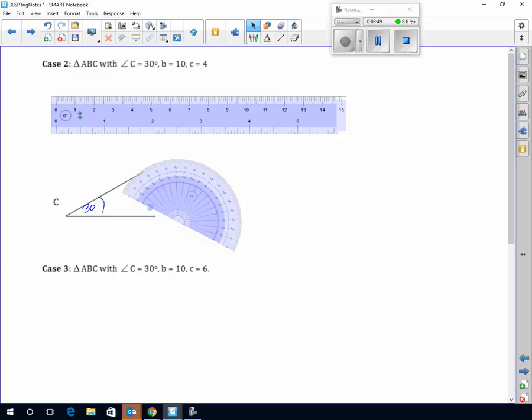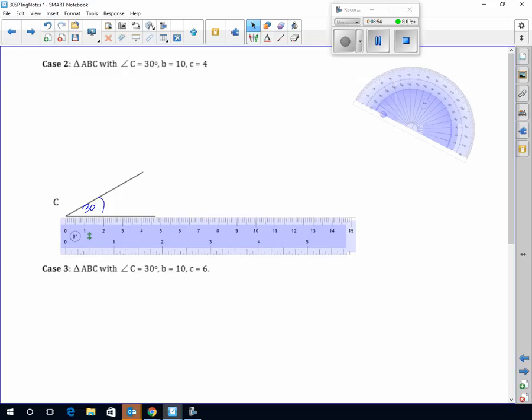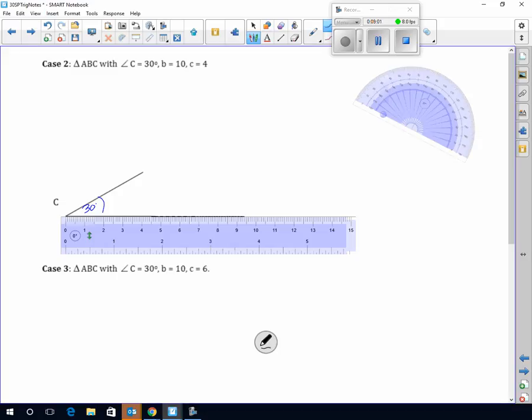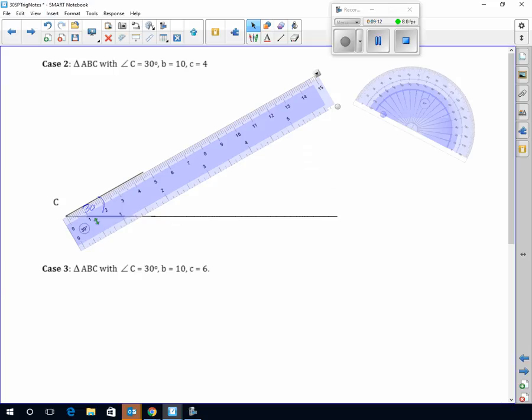Okay, let's extend A. We don't know what the length of A is going to be. Let's just extend A. Then we're going to measure B for 10 centimeters. Can everybody measure 10 centimeters for B? Yes? So B equals 10 centimeters.